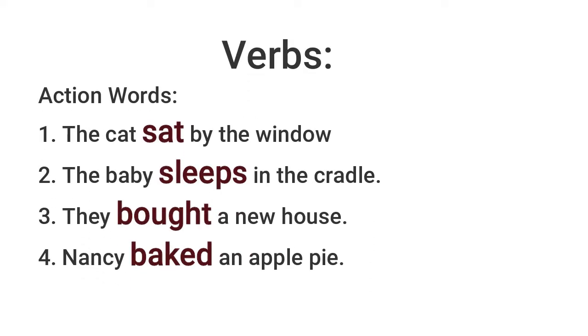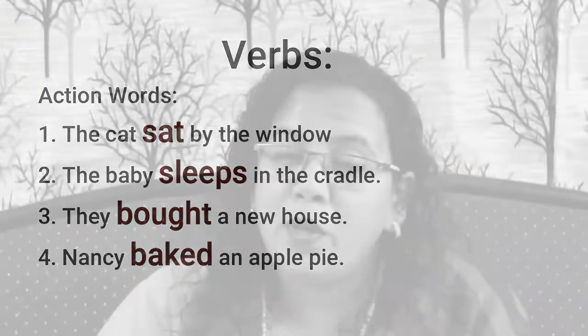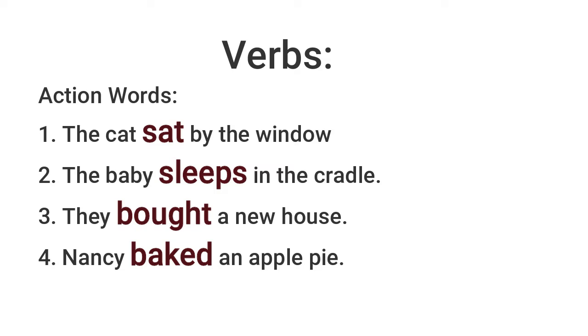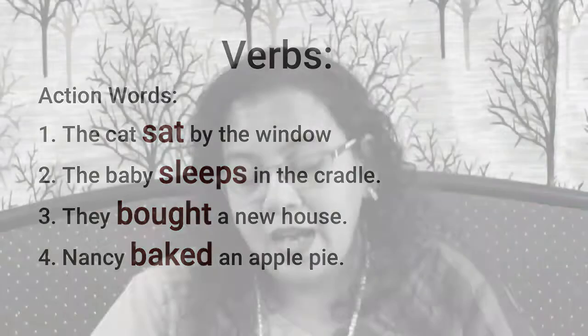What is the action they are doing? Bought. Nancy baked an apple pie. What action is Nancy doing? Baking. So these are action verbs, action words that we find in a sentence: sat, sleeps, bought, baked. These are actions.